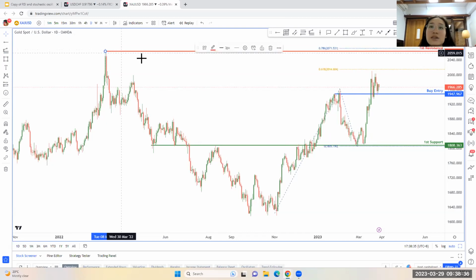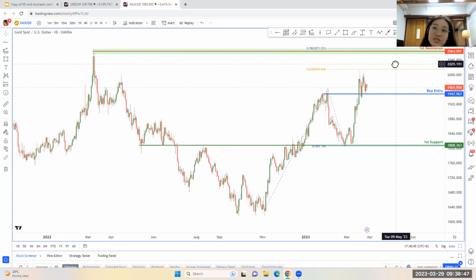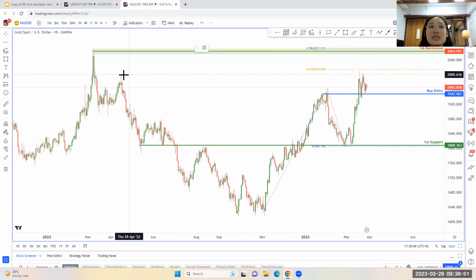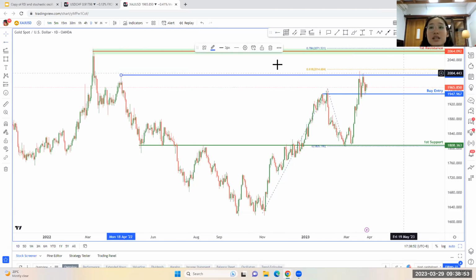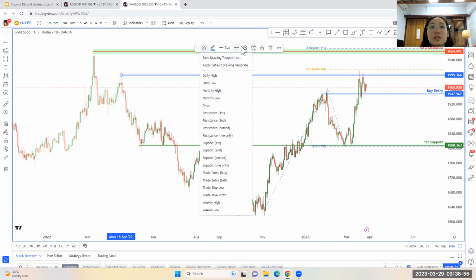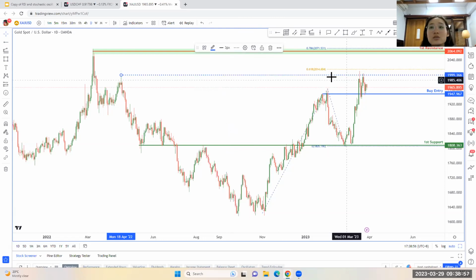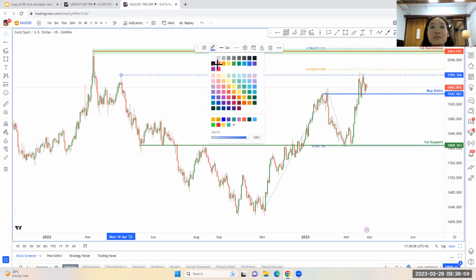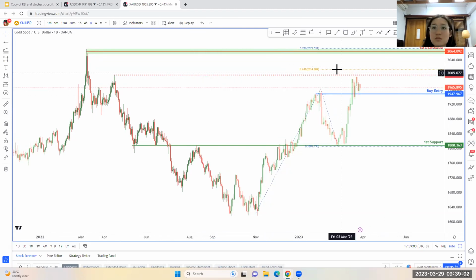I can see at this area we have the 78% Fibonacci projection lining up nicely with my first resistance. We also have kind of an intermediate resistance level here, so I'm just going to use a dotted line to take note of that. And this is also lining up with my 61.8.